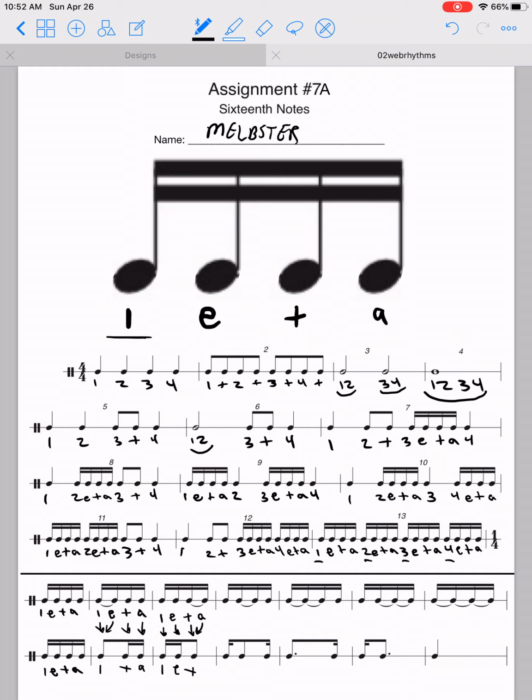In the next measure, we see the 1, we see the E, and we see the A. And just like in the previous two measures, the and is in the E now, because it is now an 8th note instead of 2 tied 16th notes.